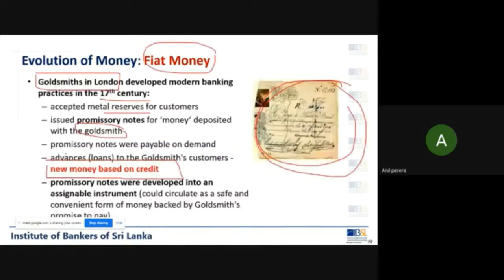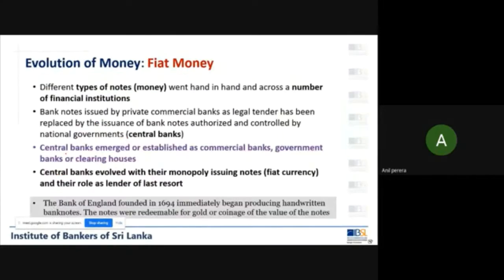When goldsmiths started doing this business, people saw this as an interesting, attractive, lucrative business. So what happened? Different types of notes went hand in hand across a number of institutions. Not only goldsmiths, other institutions also started issuing similar notes.